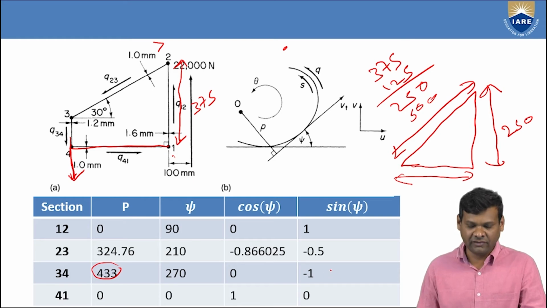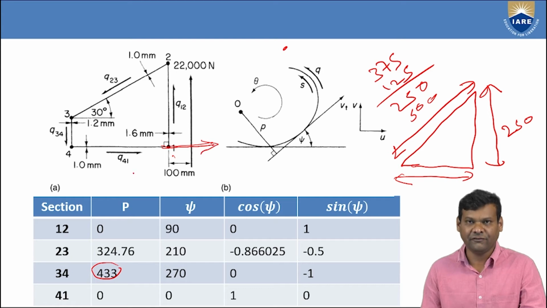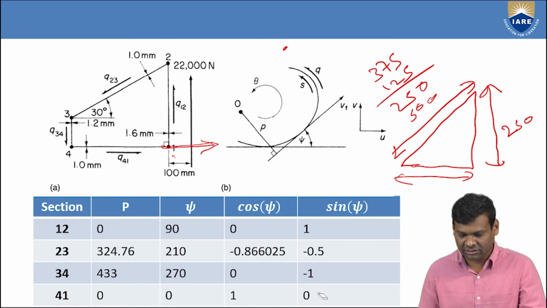Finally, we need to determine P and phi for Q41. Since the origin is passing through Q41, the perpendicular distance for Q41 is 0. And when we look into the direction of Q41, it is 0 degrees. Cos 0 is 1 and sin 0 is 0.